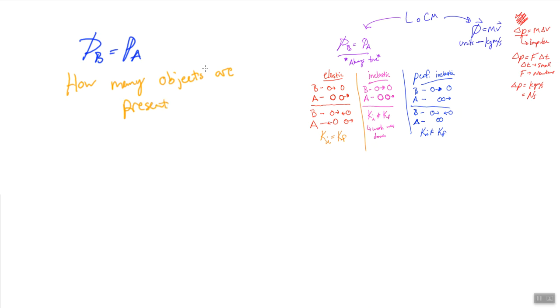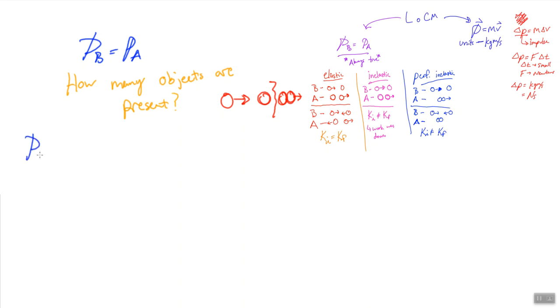So let's do the example here of, let's say that one object is colliding with another object, and then after the collision, both of them stick together and are still going to the right. So the first thing we ask ourselves is how many objects are present? And here we'd say before this collision, we see two objects are present.